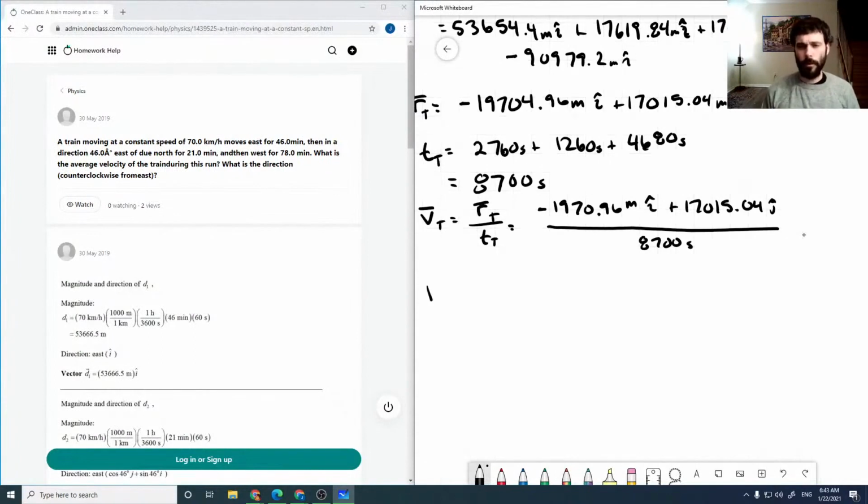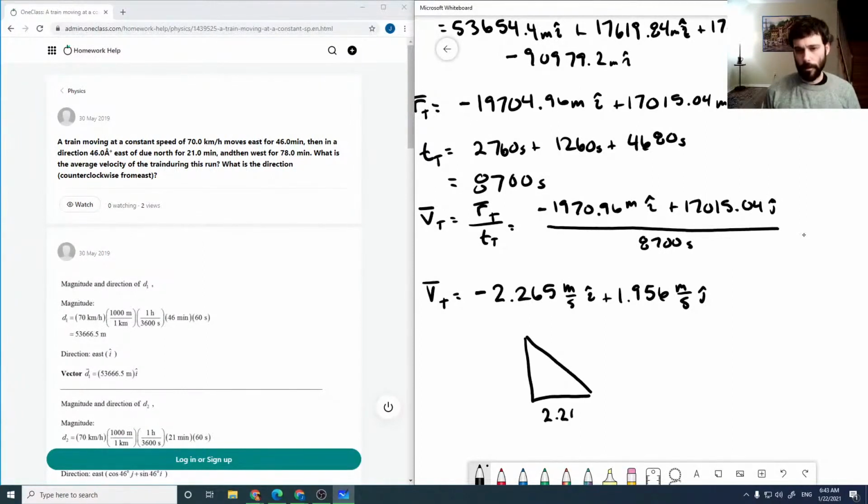And so then my total velocity vector comes to minus 2.265 meters per second I hat plus 1.956 meters per second J hat. And so the angle, just to sketch this out here, we've got 2.265 in here, 1.956 in here.